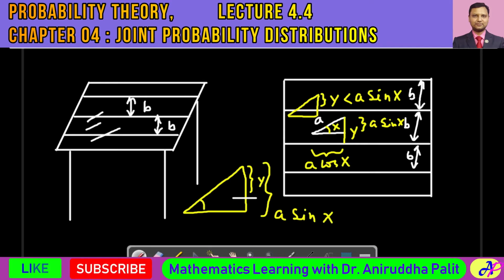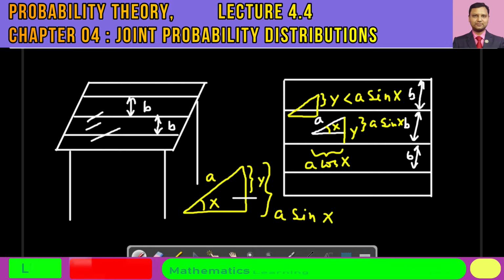Why? Because this angle is equal to x and this length is equal to small a. As per the question, a is the length of the needle.